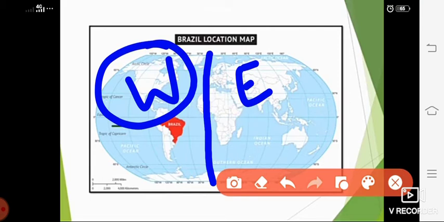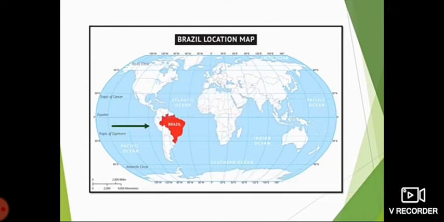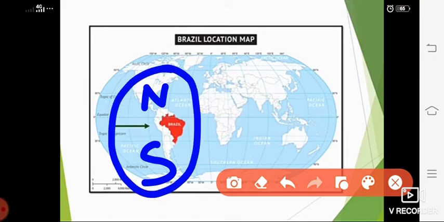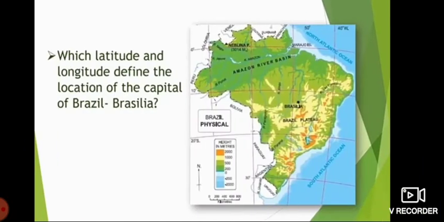So the location of Brazil on the world map, we can say it is in the northern and southern hemisphere, and it is totally in the western hemisphere according to the 0 degree meridian. Did you understand? Now let us move on to the questions.